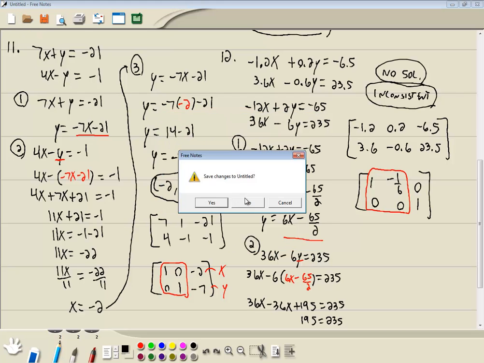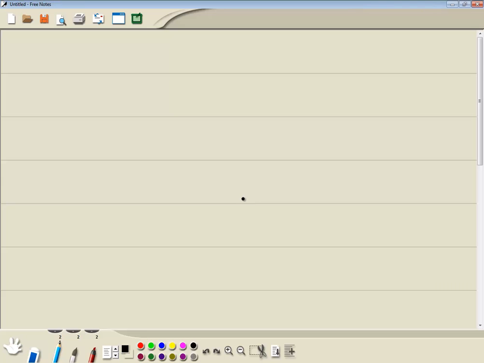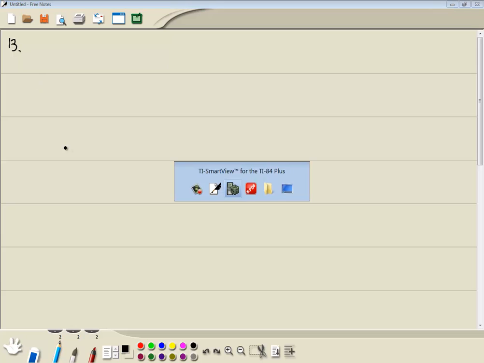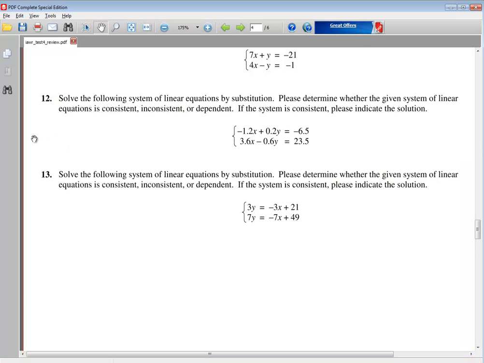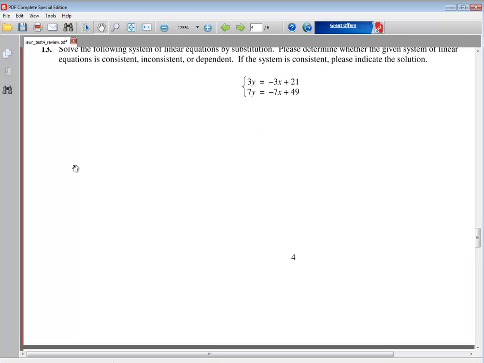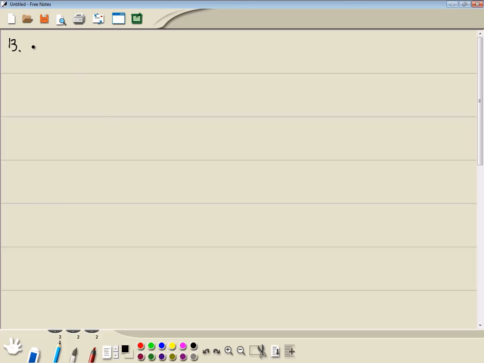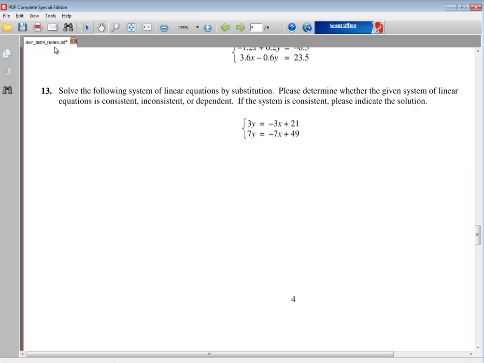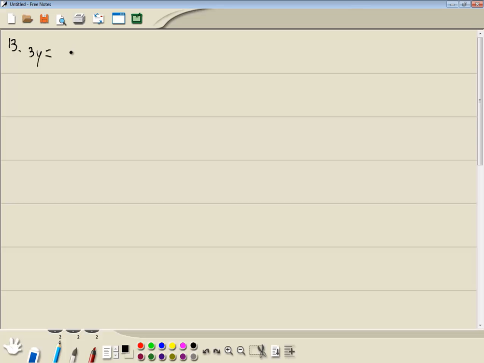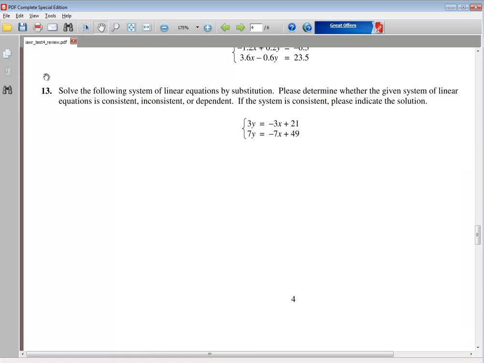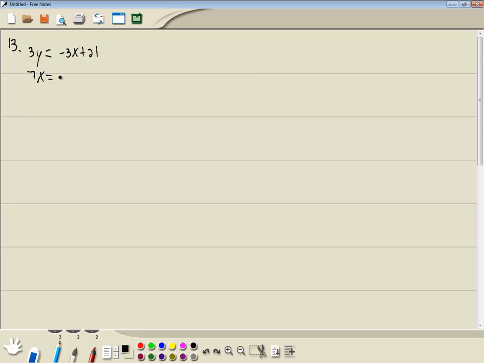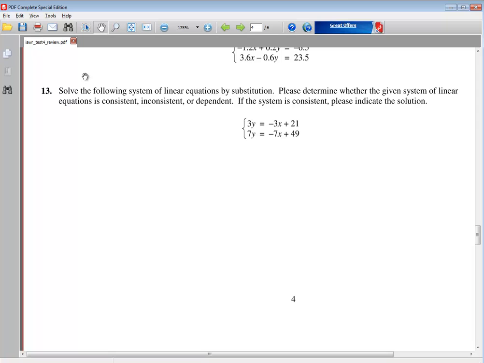And start a new page. So problem 13. We've got 3y equals negative 3x plus 21 and 7x equals negative 7y plus 49.